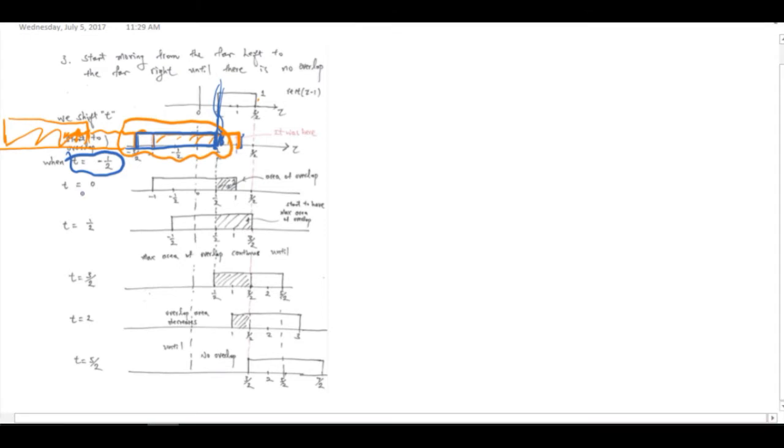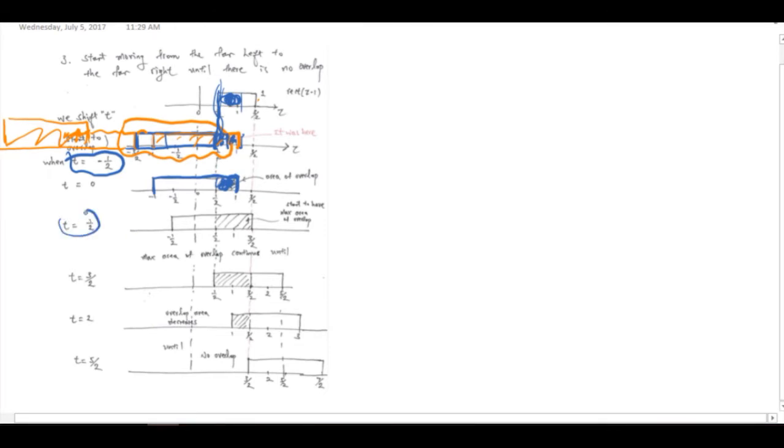Then when t is equal to 0, there's no shifting, it is here, and this is the overlap with this waveform. So when t is equal to minus half, it starts to have overlapping. When t is maybe minus 3/4, it might be there, more overlapping. Then when t is 0, you have more overlapping.